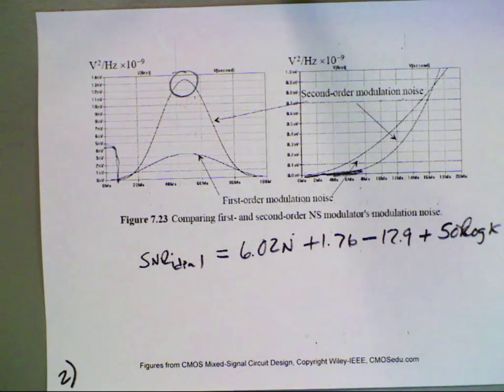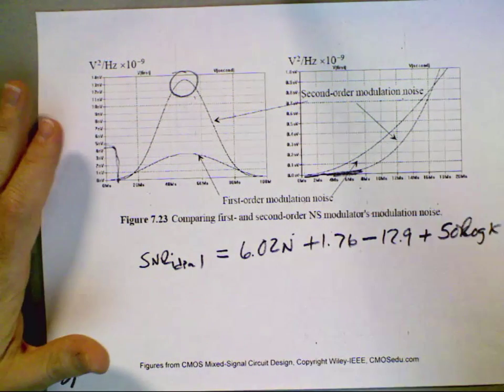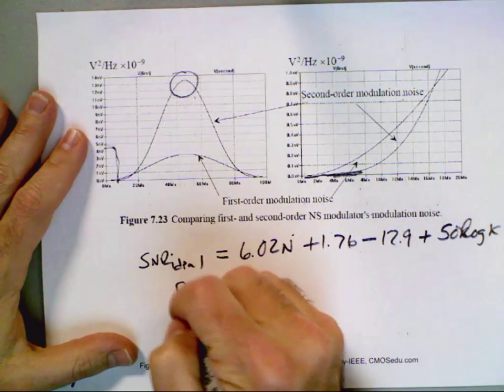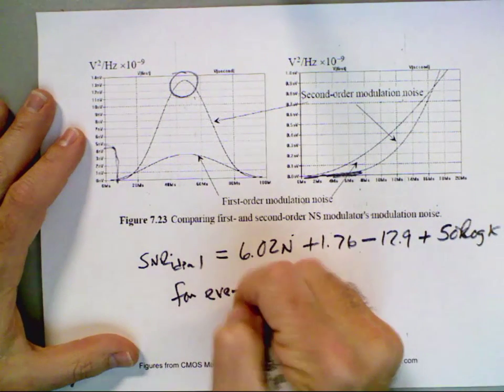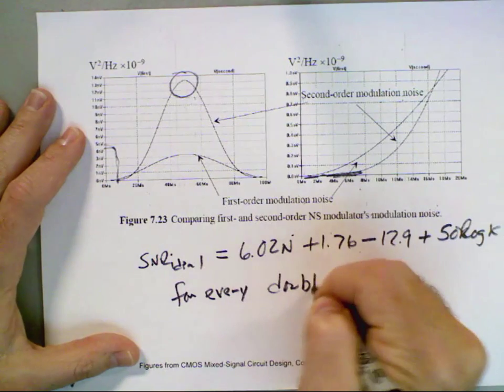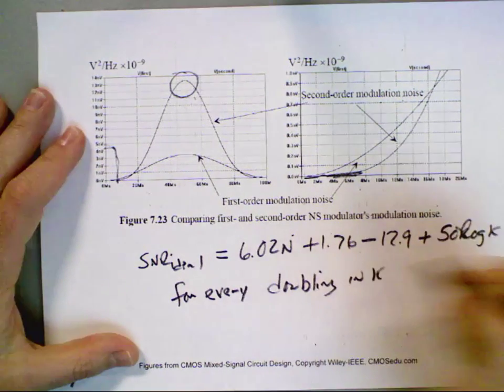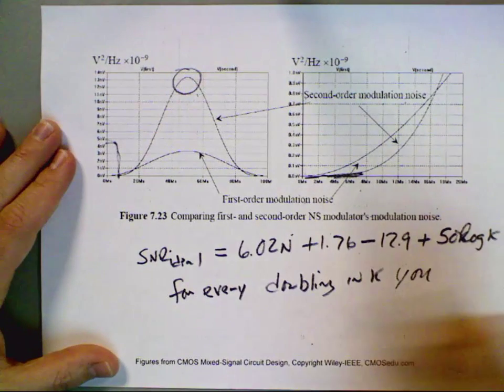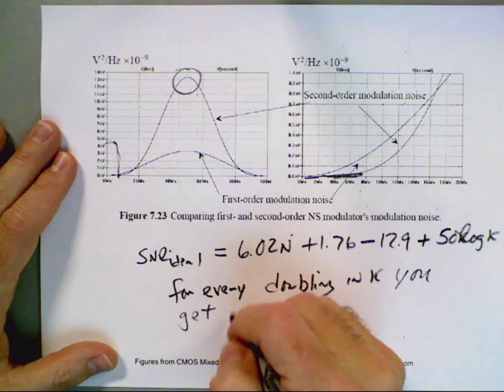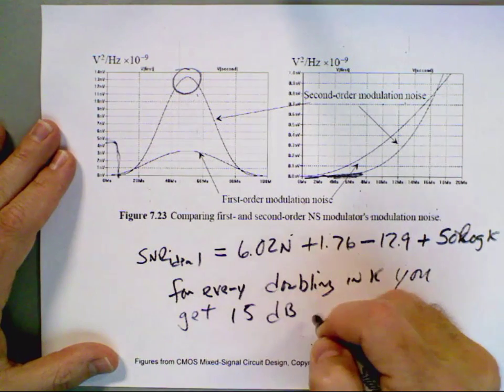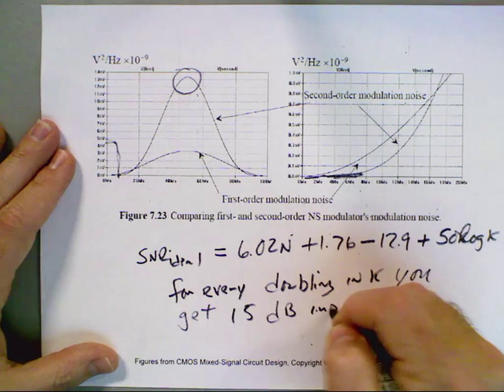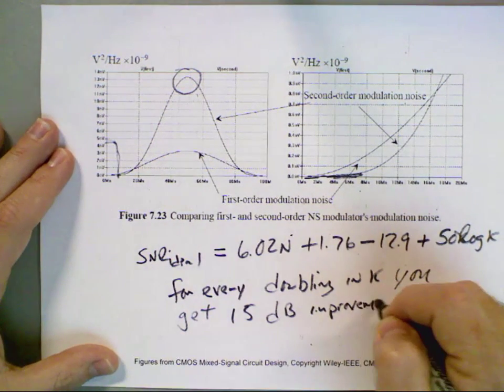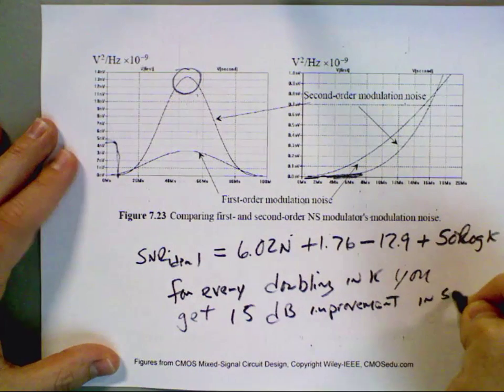Paranoid. Okay, and so if you look at this, for every doubling in K, you get 15 dB improvement in SNR.